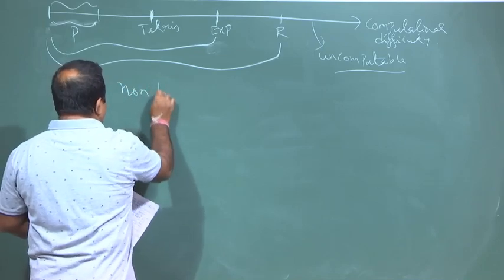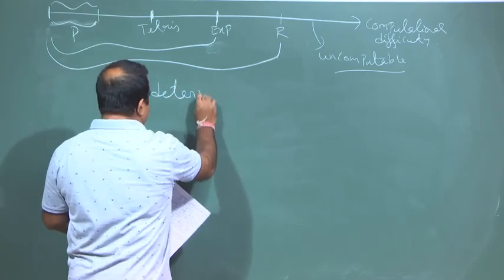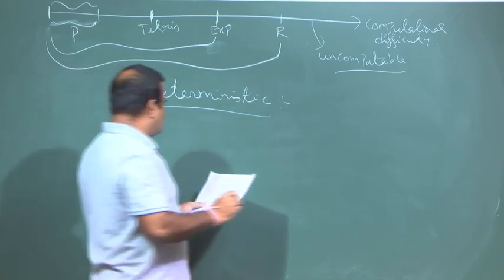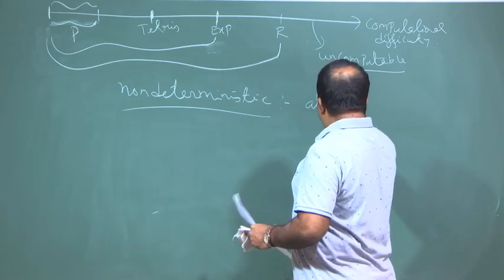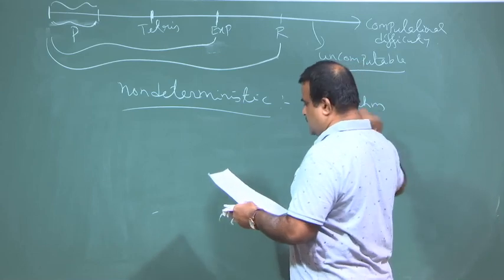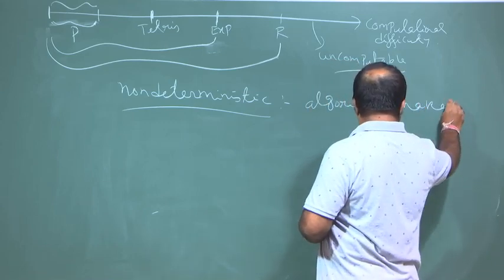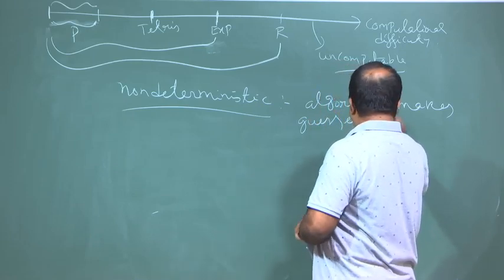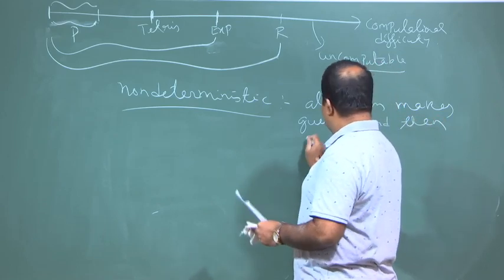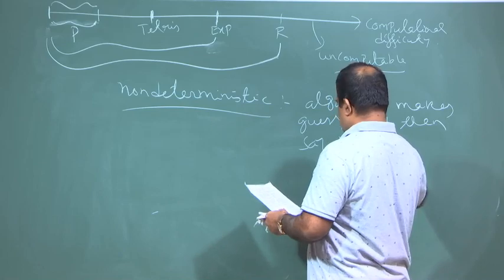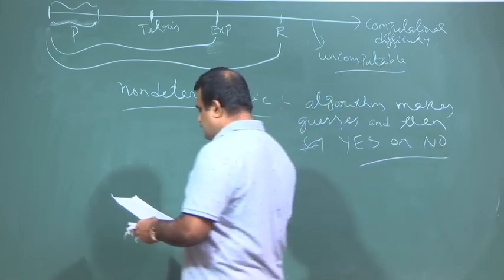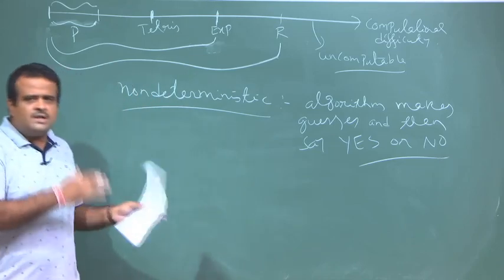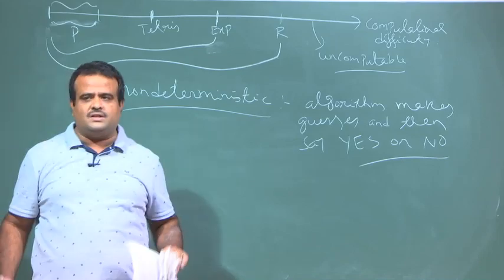So what is non-deterministic? A non-deterministic model is an algorithm that makes guesses and then says yes or no. This model we cannot build in a real computer, but theoretically we can study it.